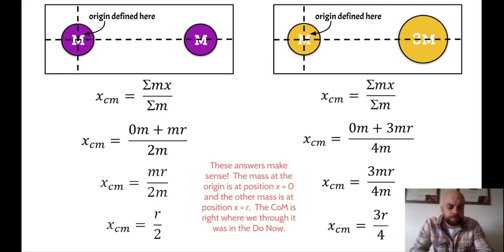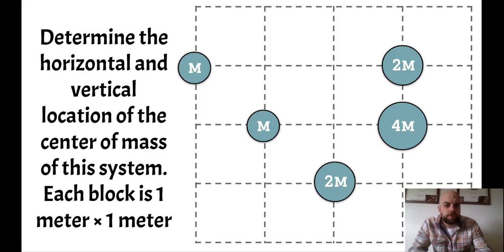This next example allows you to get some practice calculating the location of the center of mass. Now in this case, it might seem crazy because it's got 5 different masses and horizontal and vertical positions, but calculating the vertical center of mass is exactly like calculating the horizontal center of mass.